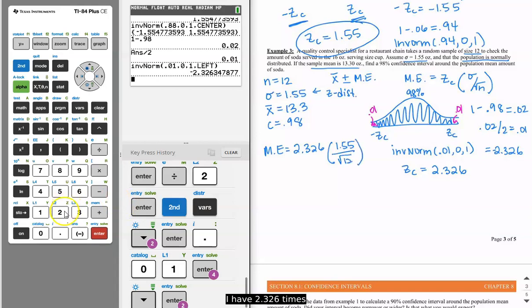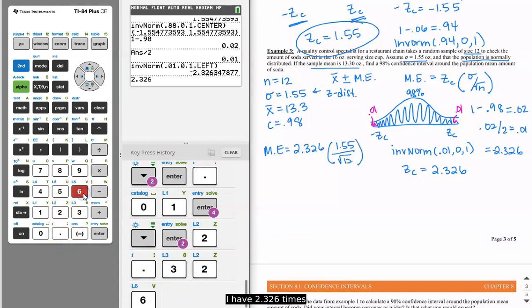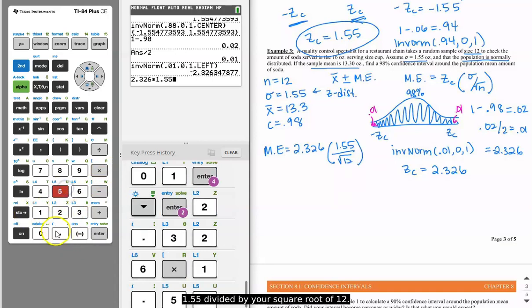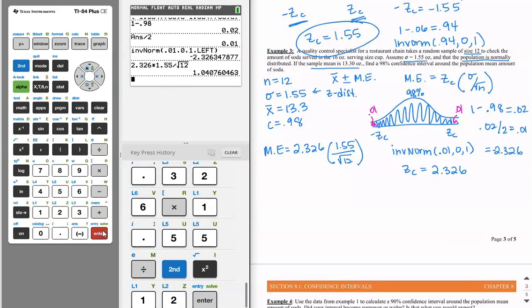So my margin of error is 1.041. Okay, now I'm ready for my confidence interval.